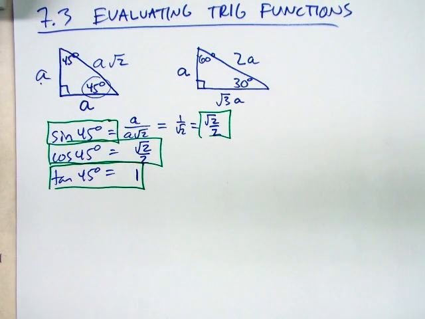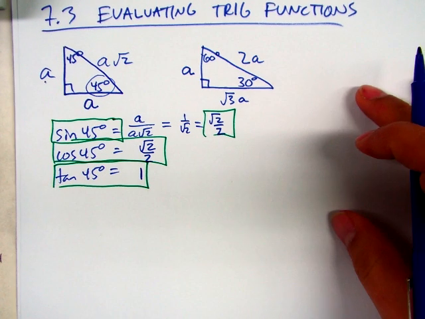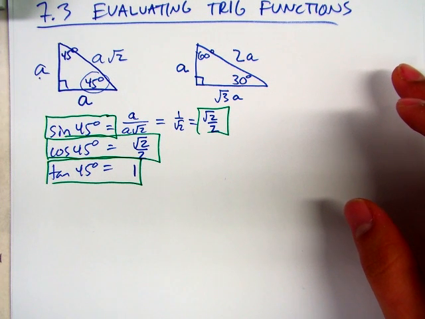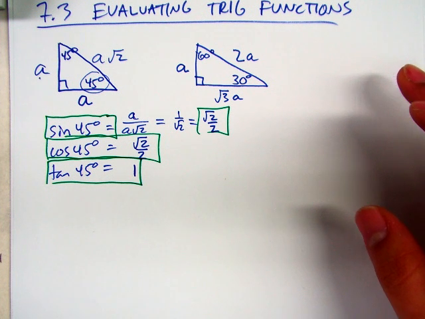Okay? We're going to do that again for the 30s and the 60s. In fact, why don't you guys take a minute or two and figure them out on your own? All three of them for both angles.